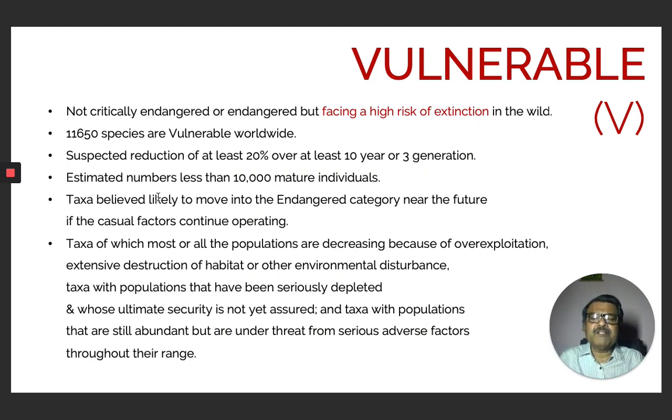If the species individual number reduces by 20% in over 10 years or 3 generations, then those species are categorized as vulnerable. And if the estimated number is approximately 10,000 mature individuals, then they are regarded as vulnerable category. These are taxa believed likely to move into the endangered category in the near future.